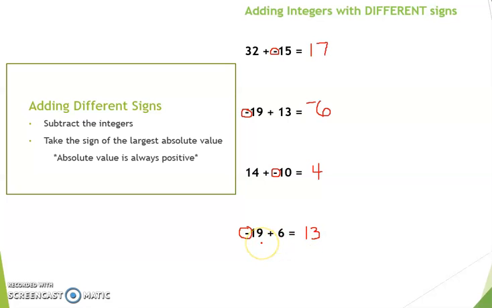We know that the absolute value of negative 19 is 19, and the absolute value of 6 is 6. And we know that 19 is greater than 6. So we're going to take the sign of our largest absolute value, which is negative. So a negative 19 plus 6 equals negative 13.